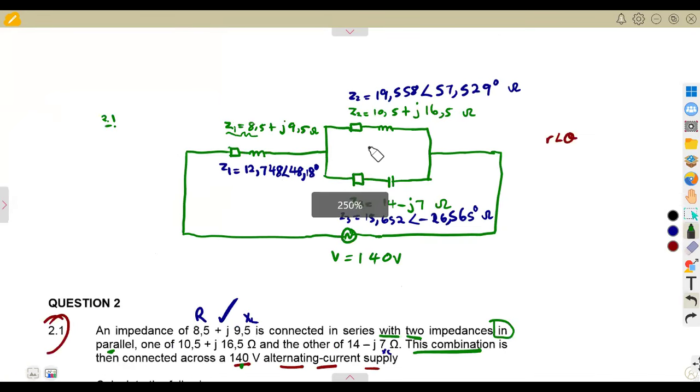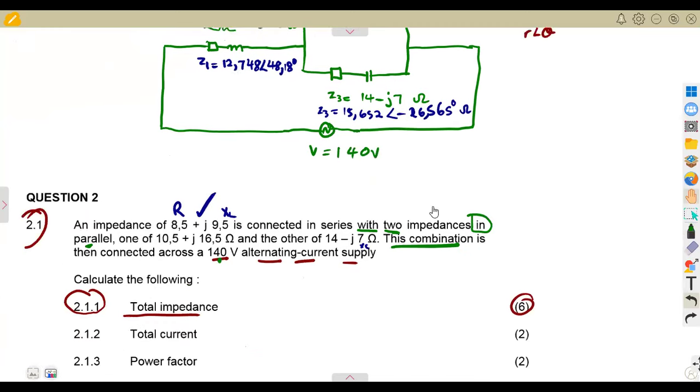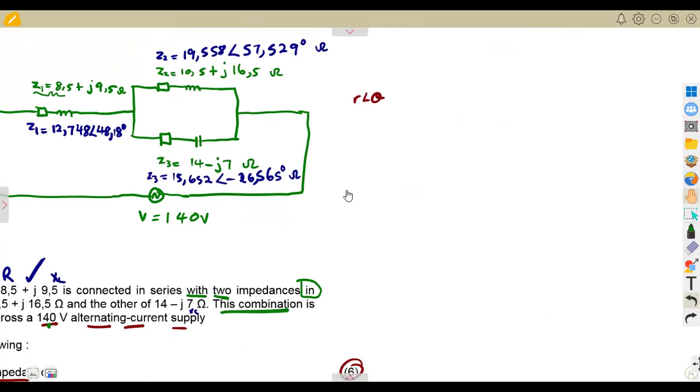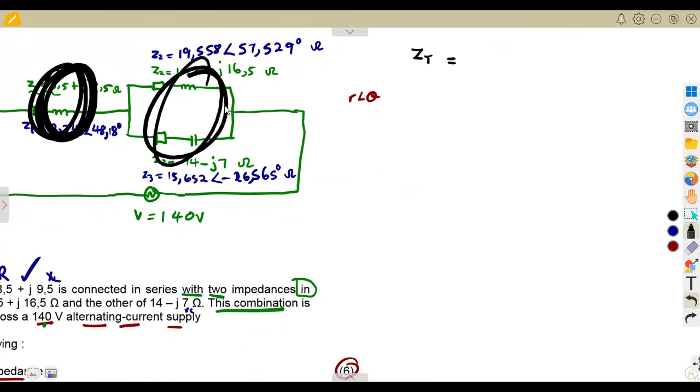We need the total impedance, remember, that is the condition of our question 2.11, the total impedance. So in order for you to have the total impedance, you are going to consider Z1, which is in series to whatever that we have, but it is connected to a parallel combination.